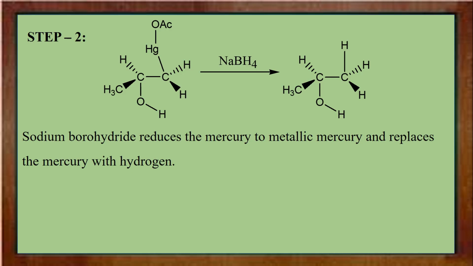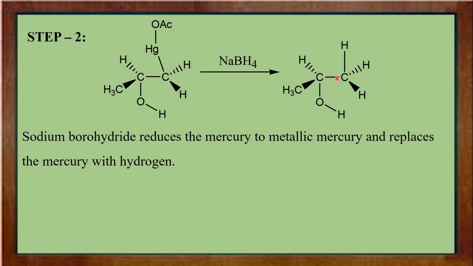In the second step of the reaction, the hydride from sodium borohydride attacks the less substituted carbon, replacing the mercury. So during this reaction, sodium borohydride reduces the mercury to metallic mercury, and hydride ion is added to the less substituted carbon. So this is the final product of the reaction.